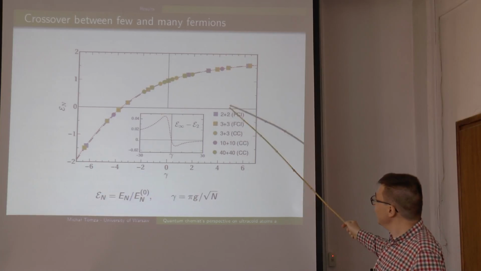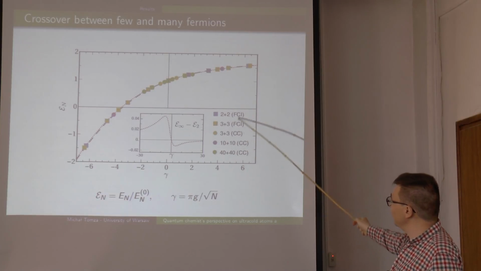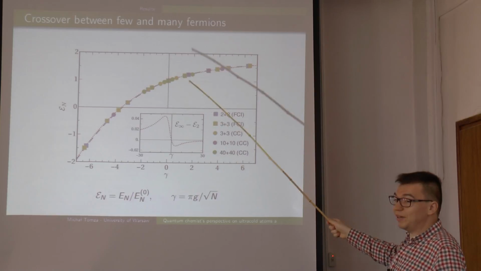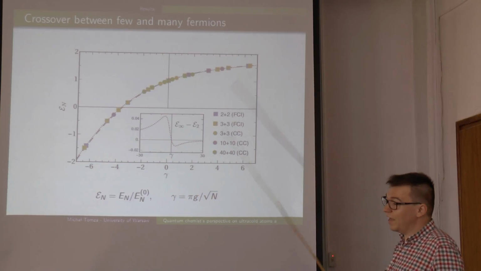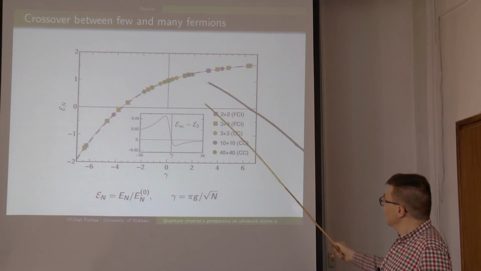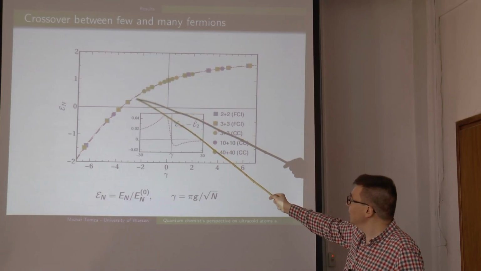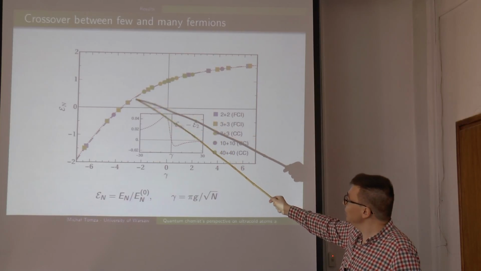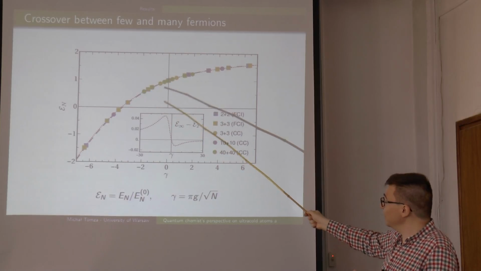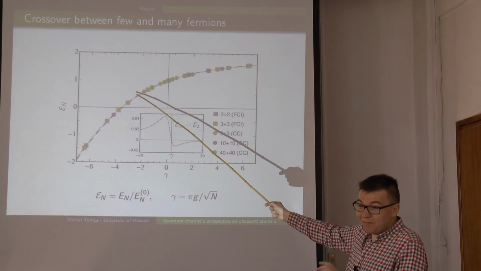These are energies obtained for very different numbers of particles, and once they are properly scaled, they really go onto one line. So it means that the analytic regime for two particles, the black curve here, and the thermodynamic regime obtained with the local density approximation are very, very similar.